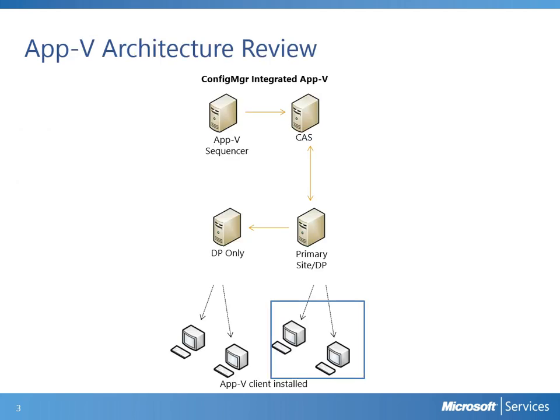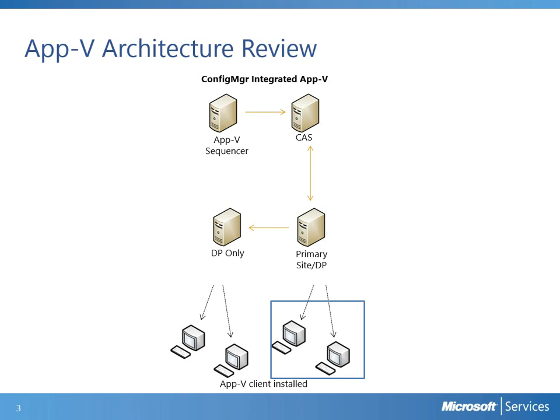So the discussion today really will be at a level 200-ish type of discussion. We'll delve into the details just a little bit on how the App-V client works. But the point is just to show you this working in ConfigMgr. For this, we're going to use App-V 5.0.